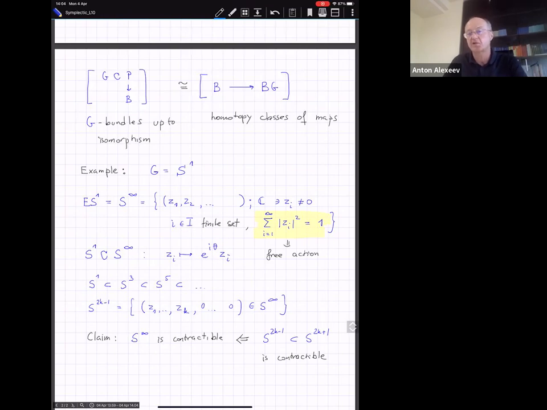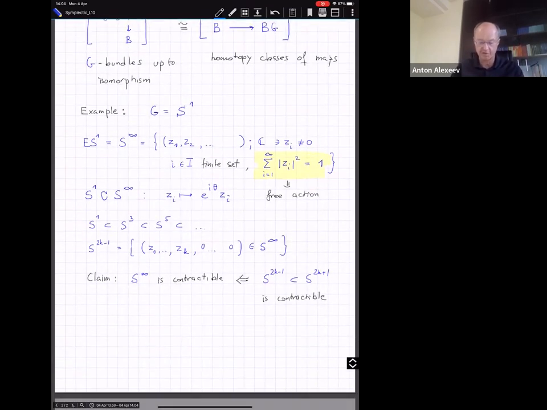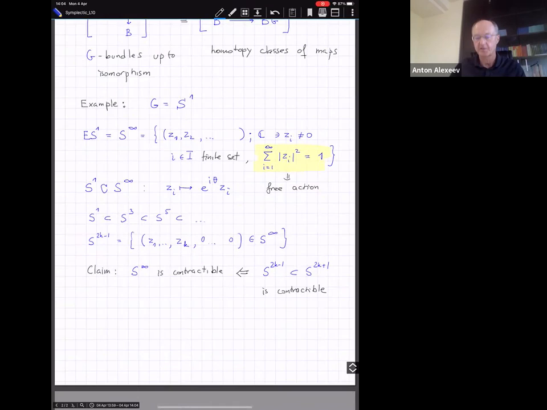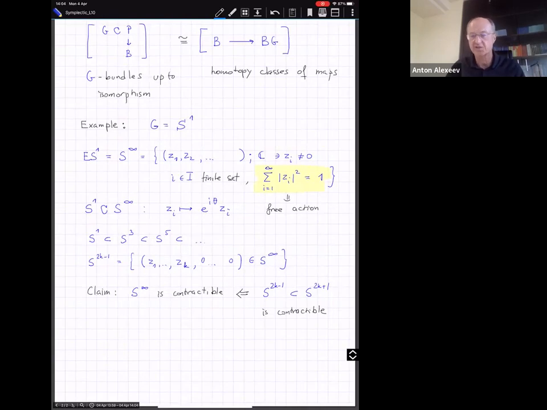All of your points are sitting in one of those spheres, but in the next sphere that previous sphere is contractible. Of course, one should still work a little bit to make this argument precise, but it's easy to believe that this S infinity is contractible. So that's an example of a classifying space.